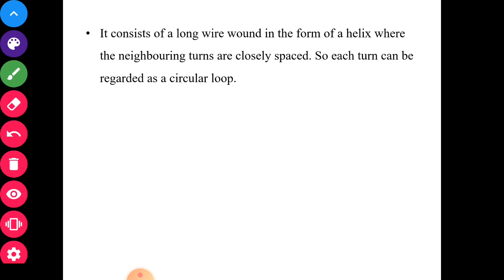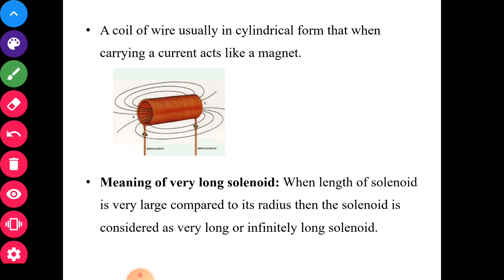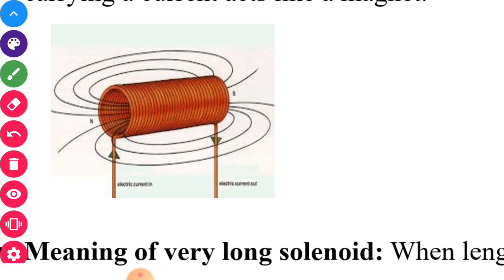Now the solenoid consists of long wire wound in the form of helix, where the neighboring turns are closely spaced. That you can see from this figure. A very long wire is taken and this wire is wound in the form of helix like this, and the turns are kept very close to each other.